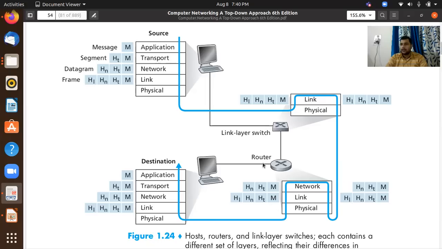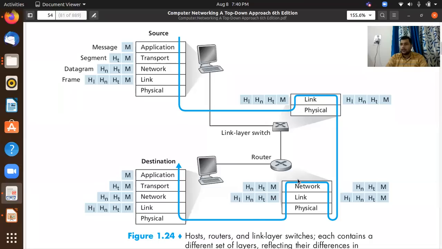So at the router you will go till the network layer. At the link layer you recreate the frame, and after recreating the frame you de-encapsulate it. Then you pass the concerned information to the network layer. After the network layer receives the datagram, it will once again figure out the destination IP address.